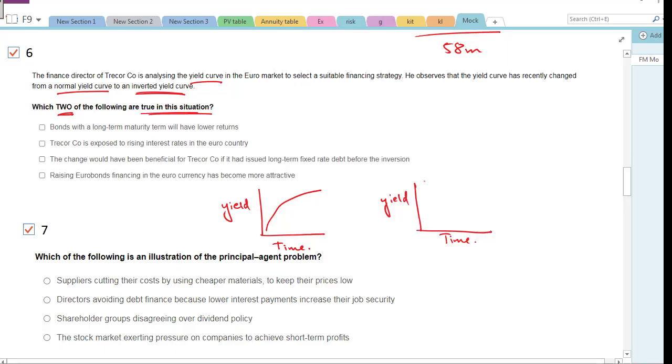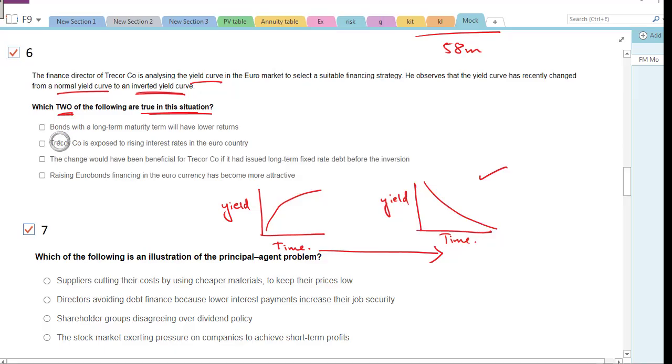And the inverted yield curve is going to look like this, right? So basically with the passage of time, with the normal yield curve, the return is increasing. But in the inverted yield curve, the return is reducing when the time is increasing, right? And it says that it has changed from normal to inverted. So this is what we are interested in now, right? So it's going to change into this one, the inverted yield curve, okay?